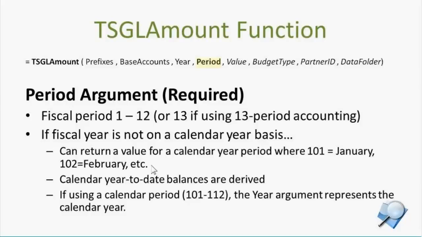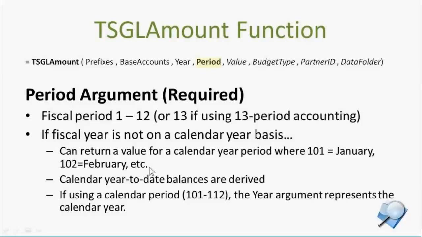So again, like if your fiscal ending date is September 30th, and you want to still report something on a calendar year basis, this would allow you to do that, where period 101 represents January always, and 112 represents December always. And it'll properly derive what the balance is or what the activity is based on the calendar year perspective.